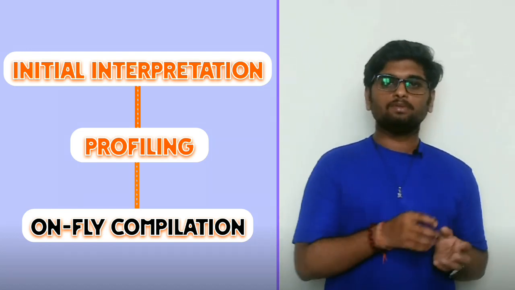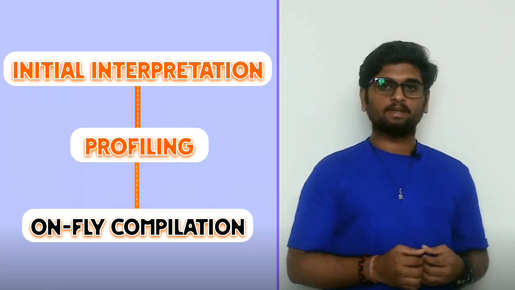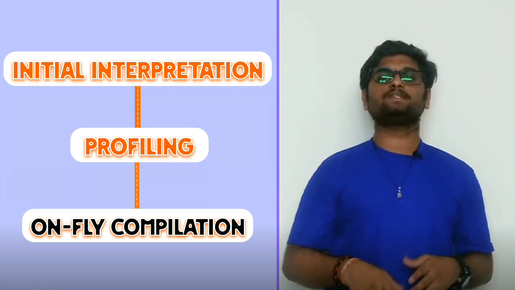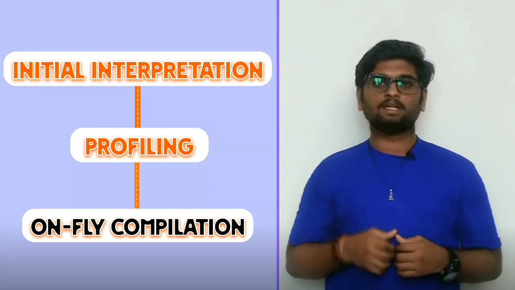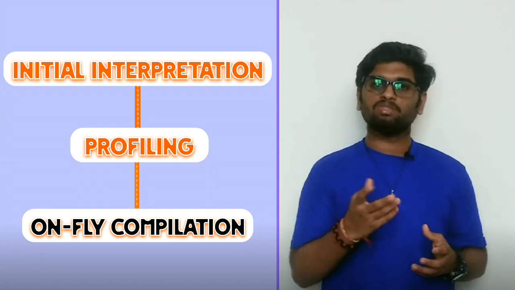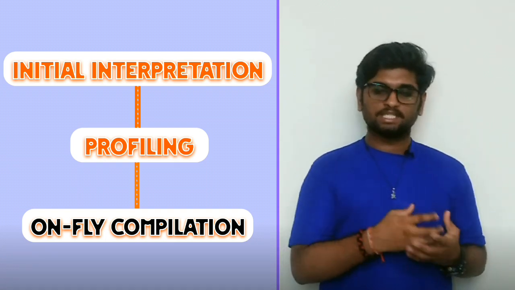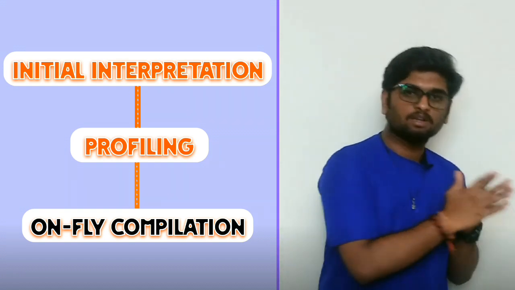In this phase, using the profiling data, the JavaScript engine identifies the sections of the code which are executed frequently, and these sections are then compiled to optimized machine code on the fly, such that the code will be executed much faster than interpreted code. You have seen how just-in-time compilers work with JavaScript.